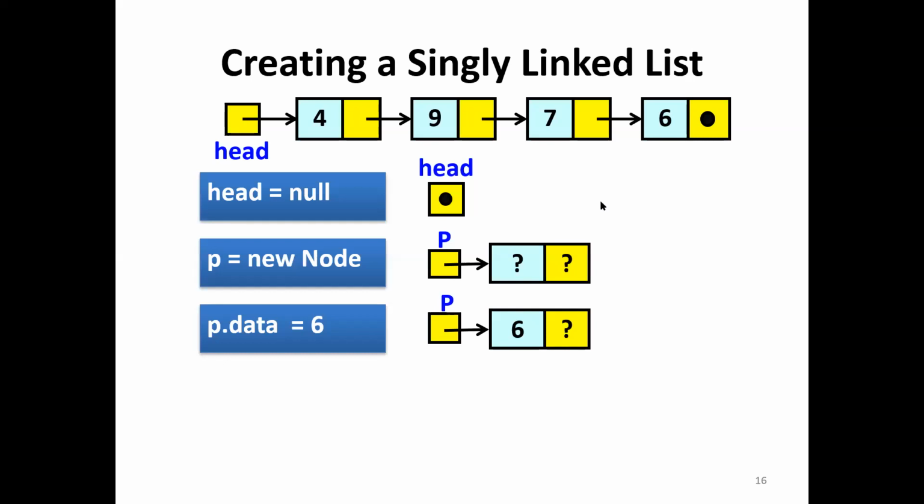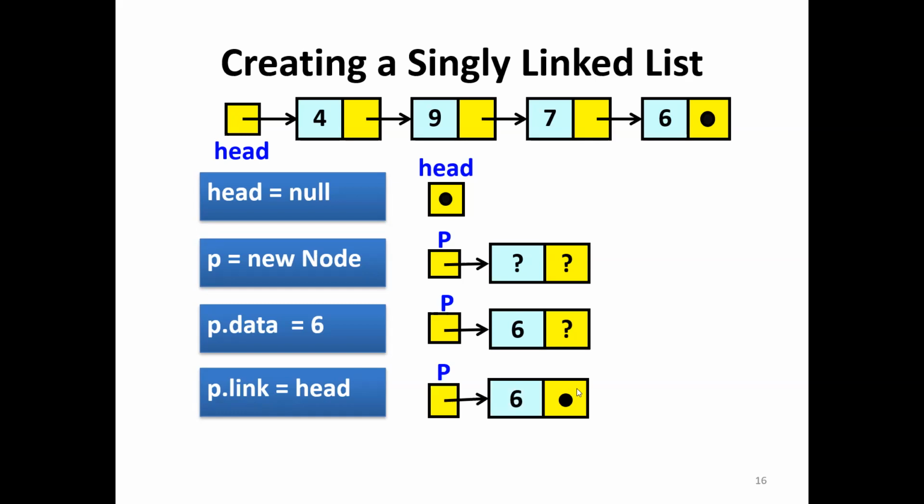And how do you get the null value? The null value is already in head. So we have to assign the head to this link. If we assign the head to this link, then the singly linked list will be in this format. And the last thing we need to do is to put the head at its position, which is here.